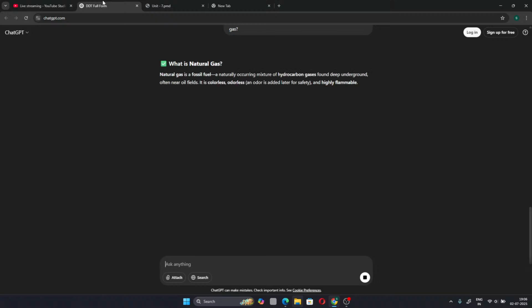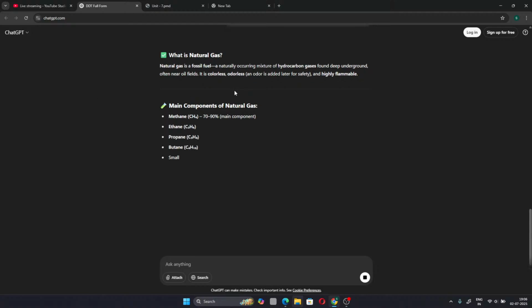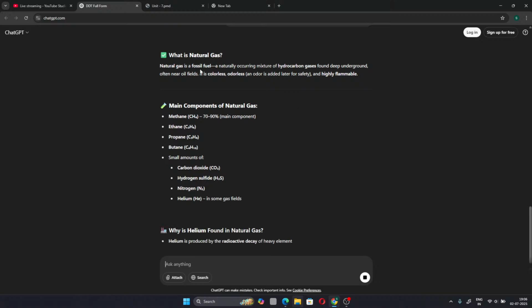Natural gas is a fossil fuel and a naturally occurring mixture of hydrocarbon gases found deep underground, often near oil fields.